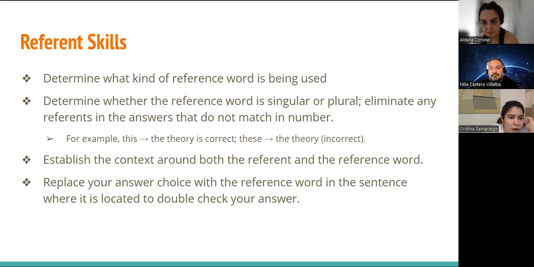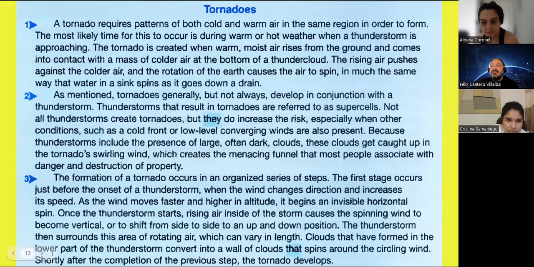Okay, replace your answer choice with the reference word in the sentence where it's located to double check your answer. Yes, this actually has to appear in every skill, but it is a way to see if it works or not. So now we're going to read about tornadoes. Again, let me know when you finish reading.